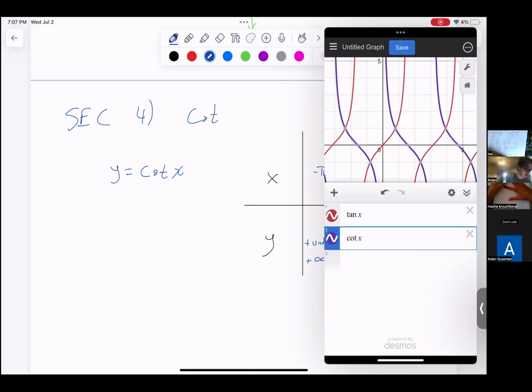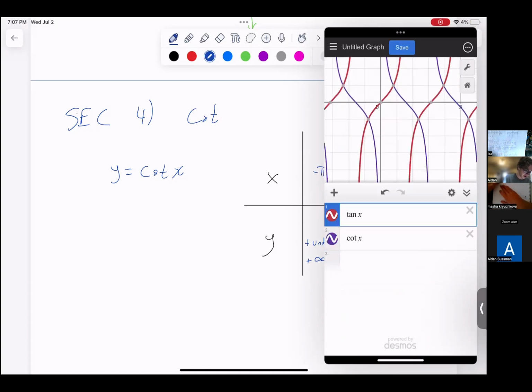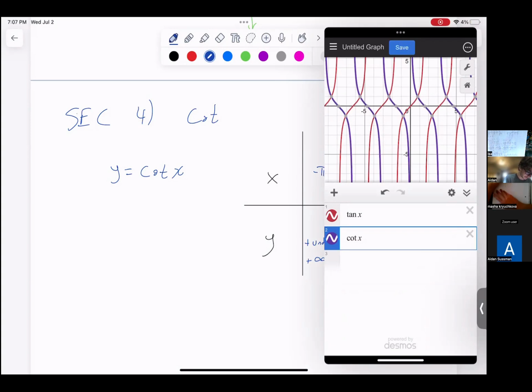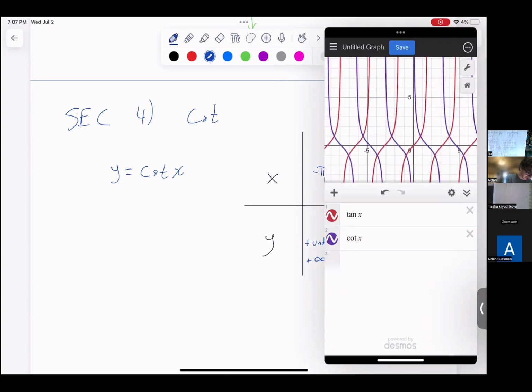So now it goes from 0 to pi over 2. But a lot of teachers teach you this part right here, from negative pi to 0, as the first period. It doesn't really matter if you want to graph the other one first, that's fine. But I'm going to teach it this way because this is how you normally learn.